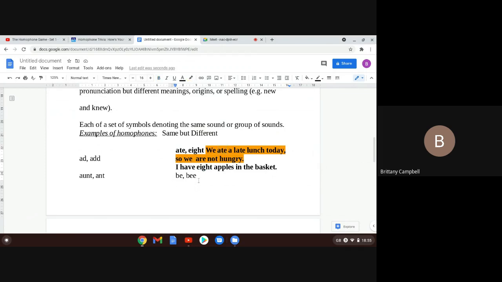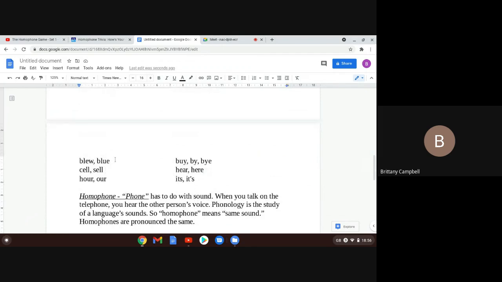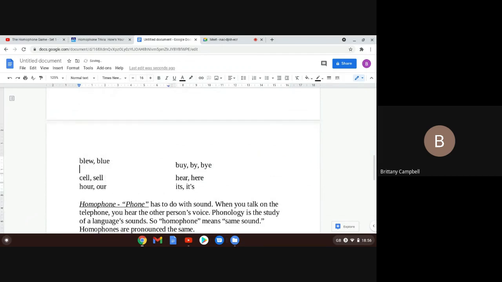All right, so let us look at another one. Which do we want to choose? All right, blue and blue, not a problem. It can be tricky, but once you pay attention to the context, you will not get confused.